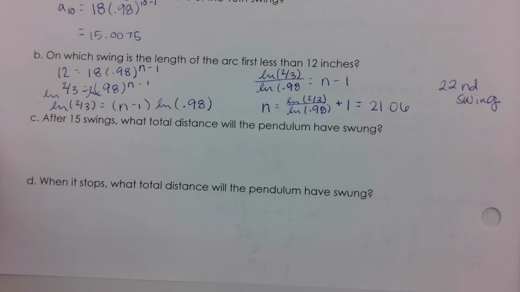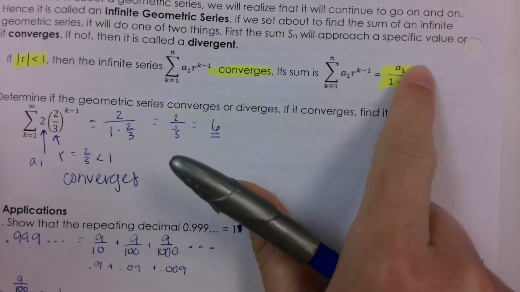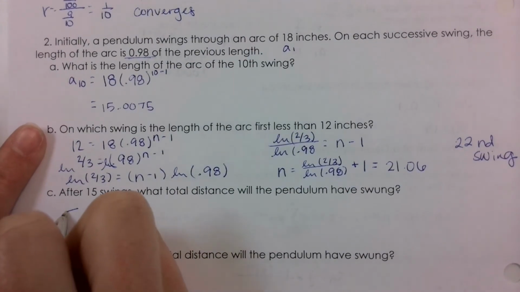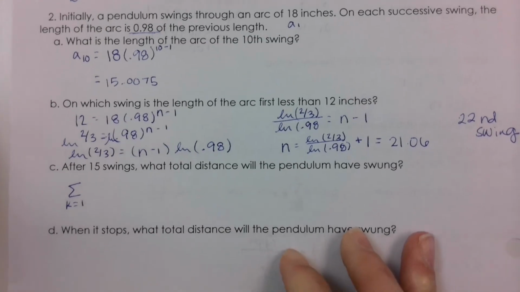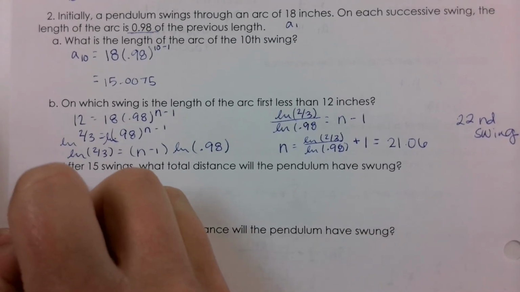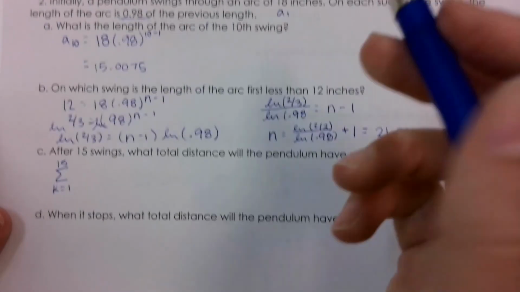The sum, right? So we can use this formula. We'll set it up and then use that formula to evaluate it. So you're going to have your big sigma, k equals 1 on the bottom, and then what is our n on top? 15. So you're just going to have to look at that formula up there. I can't show it both at the same time. So next we need that a sub 1.